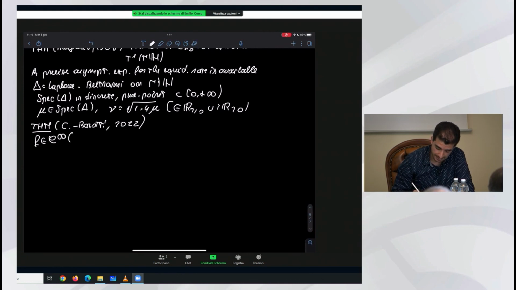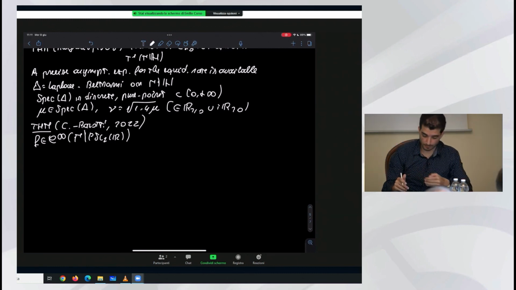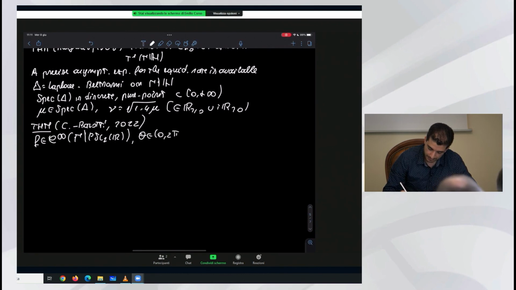So if I take a C infinity function on the unit tangent bundle, and actually the result is not only for circles, but also for any subarc. So in order to describe a subarc, I fix a parameter describing the length, so not really the length, the renormalized length, but let me fix some parameter in 0 to pi.